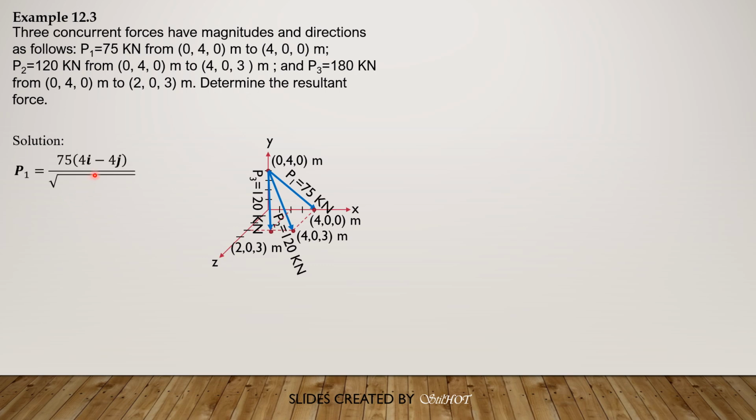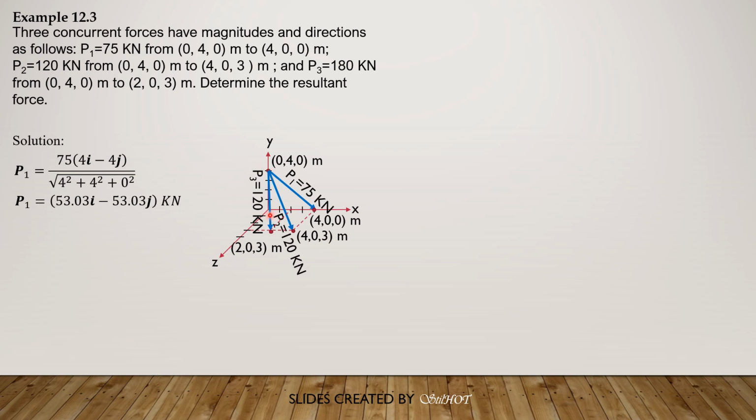for the first force, 75 times (4i minus 4j). So 4 minus 0 is positive 4, 0 minus 4 is negative 4, and 0 minus 0 is 0, divided by the square root of 4 squared plus 4 squared plus 0 squared. There's no z. So in vector form, P1 is 53.03i minus 53.03j kilonewtons.